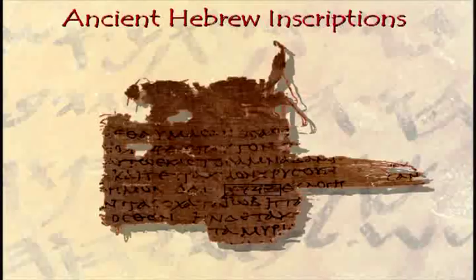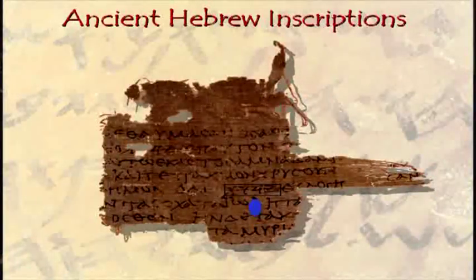This is a Greek fragment from the Septuagint, a very, very old fragment of the Greek Septuagint. The Greek Septuagint is a 2,000-year-old Greek translation of the Tanakh, okay, without going into too many details. And it's written in Greek. But right here in that little box, guess what that is? Yahweh written in Paleo-Hebrew.